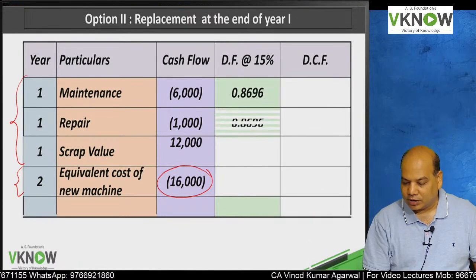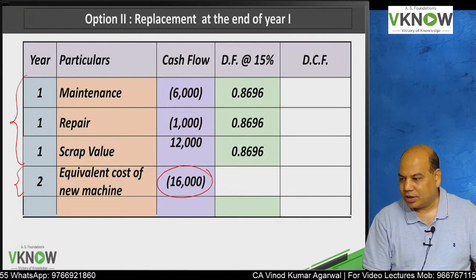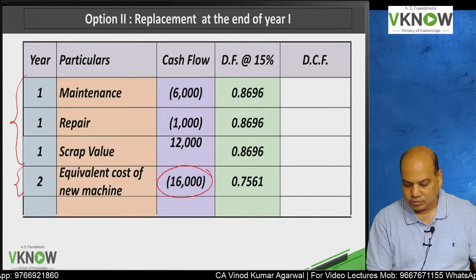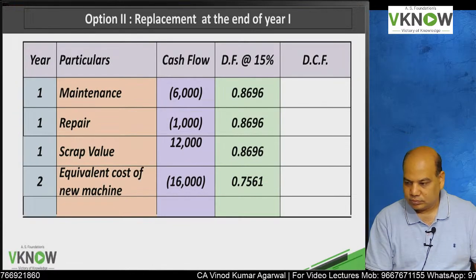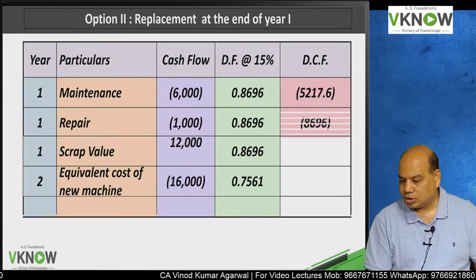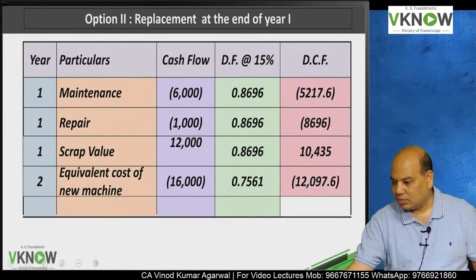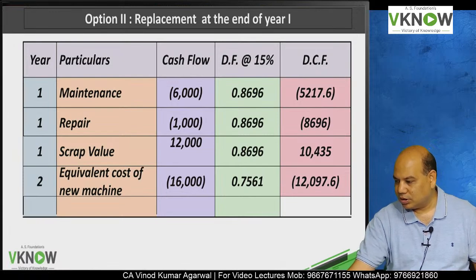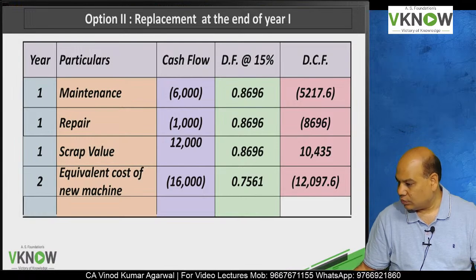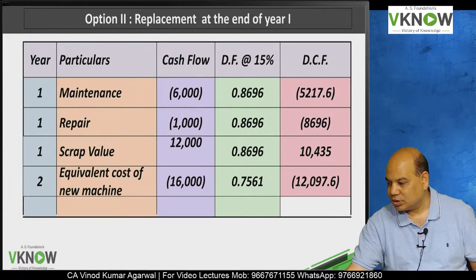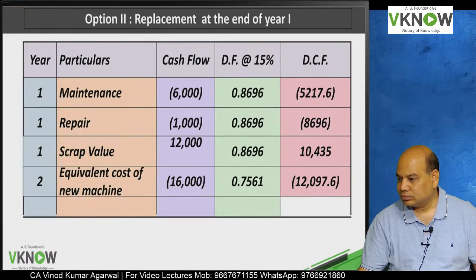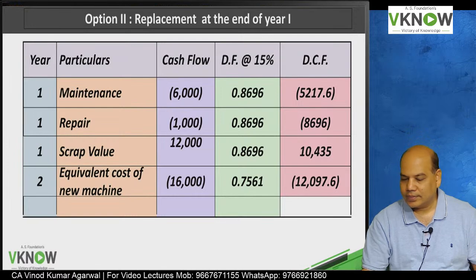Now please write the factors. 0.8696, 3 times 0.7561, multiply. Tell me the total. Anybody who can give me the total? I want from you, so that I will understand that you are writing and not just copying.